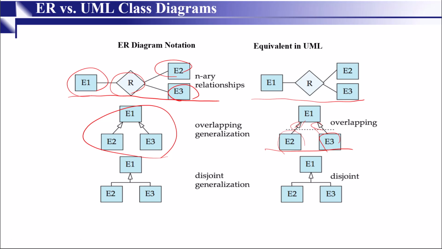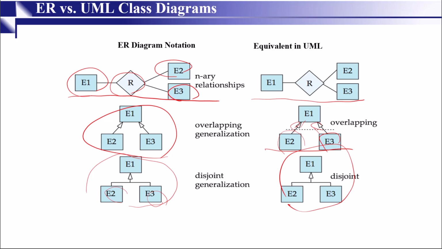The overlapping label indicates that the subclasses can overlap, meaning an instance of E1 can be an instance of both E2 and E3. Then here we have disjoint generalization. This is similar to overlapping but labeled disjoint, meaning an instance of E1 can belong to only one of E2 or E3.